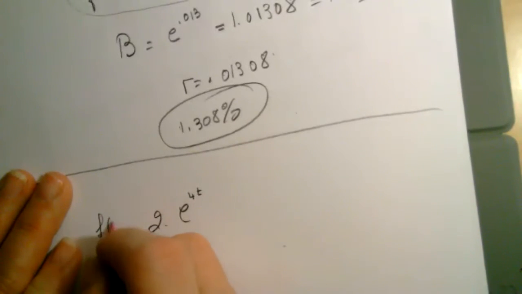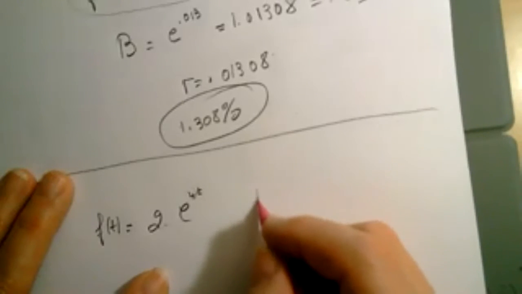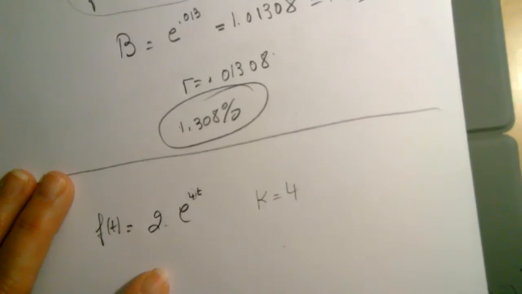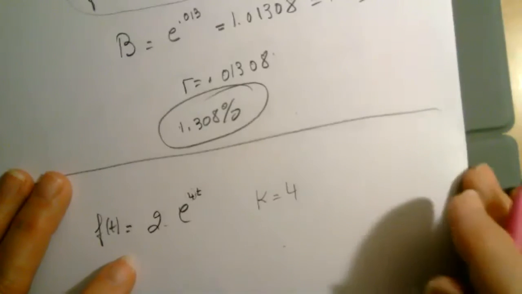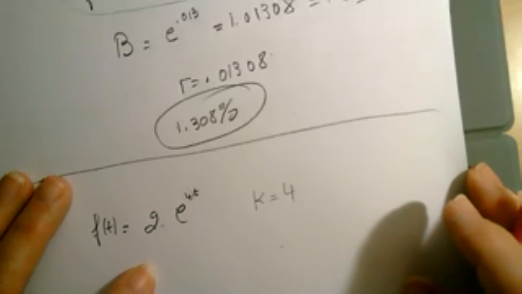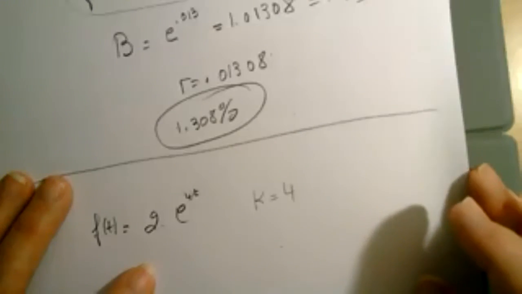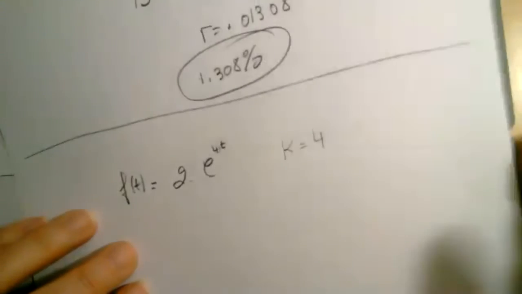The k is what comes next. This is the k, it's the 4. No, I meant for the model that you used for the previous problem. The k is the ln of b.